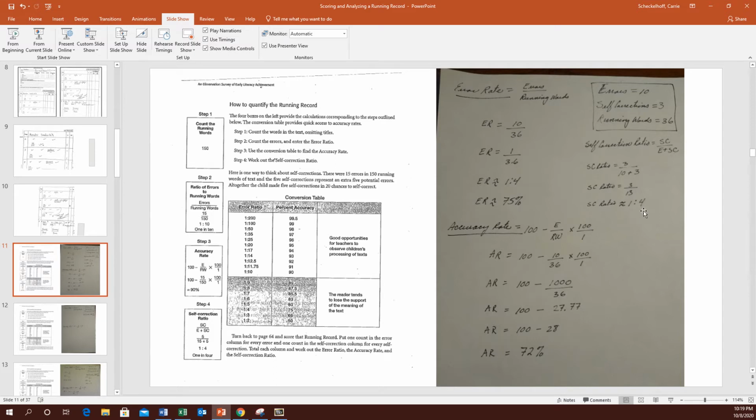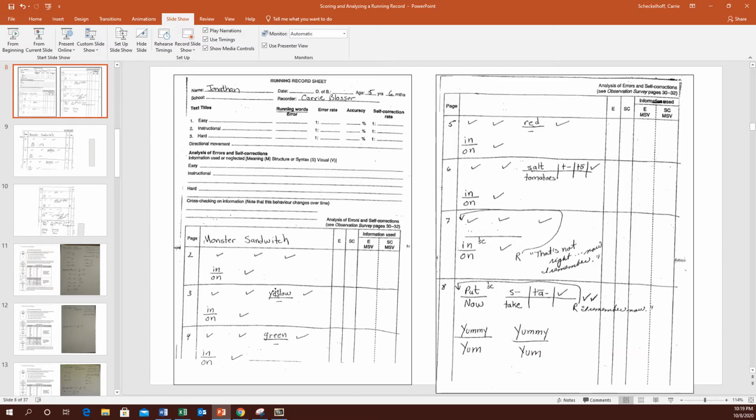Now, we could say this text is hard for Jonathan. But the other thing we would look at is the nature of his miscues. When Jonathan was making mistakes, he was adding words, and he was changing this little function word. So even though he added things, he added meaningful little pieces to the text.